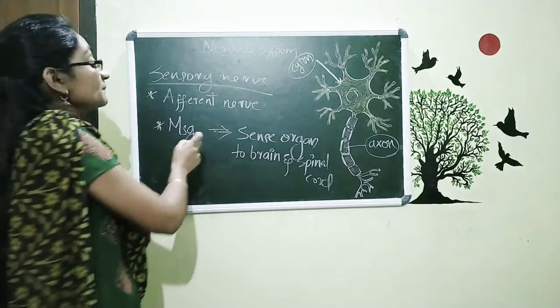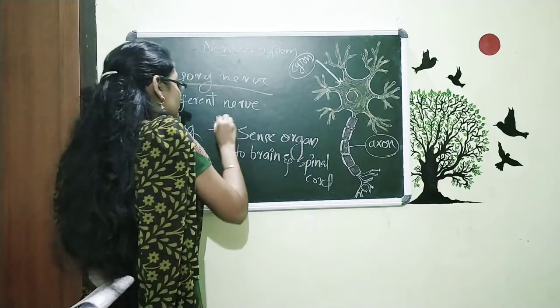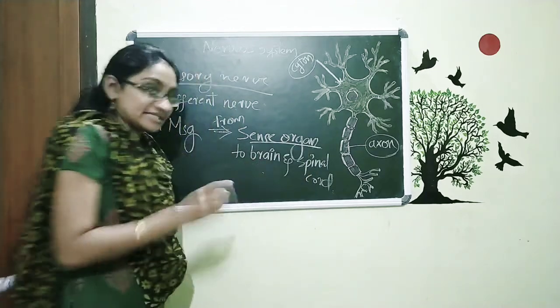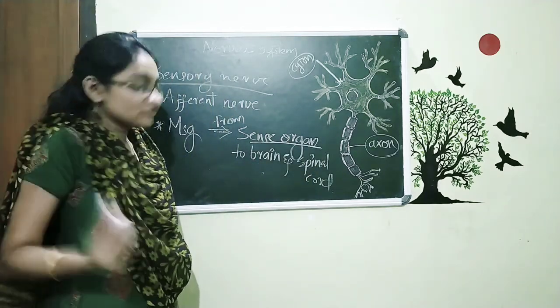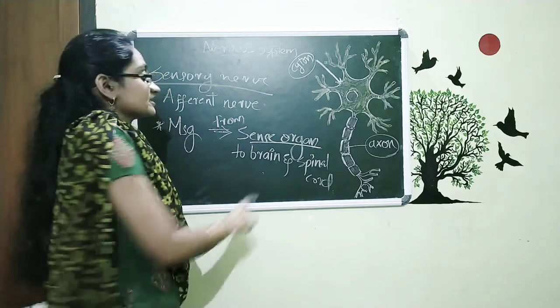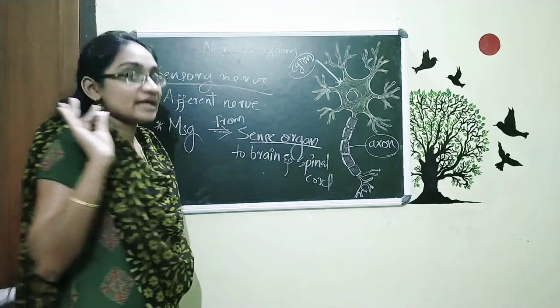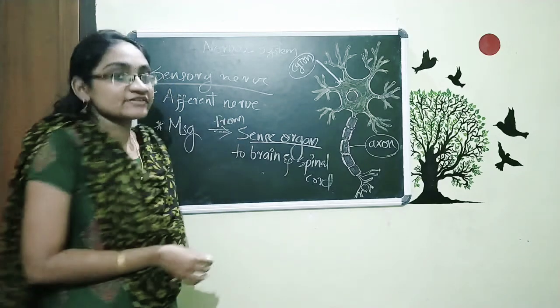It is giving the message from sense organs to our brain. Which are our sense organs? There are 5 sense organs and we are going to study them in detail in our next classes.